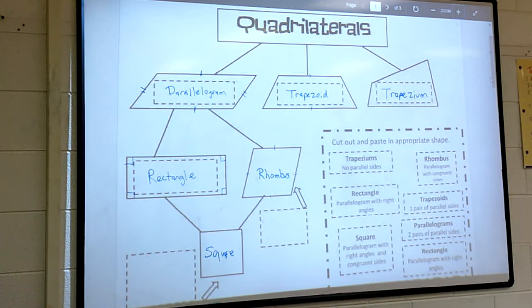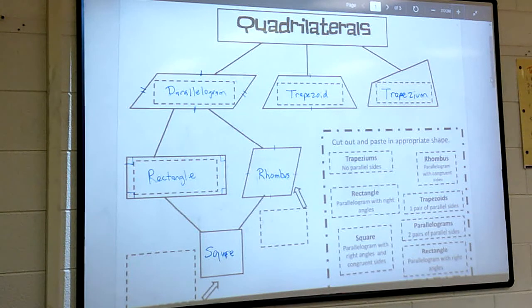A rhombus is a parallelogram and a quadrilateral. A trapezoid is just a quadrilateral. And if you're not used to that word trapezium, it's just a regular 4-sided shape. Basically it has no parallel sides. You could draw it however you wanted to, but 4 sides, and you make them touch each other. That would be that, and that's just a quadrilateral.